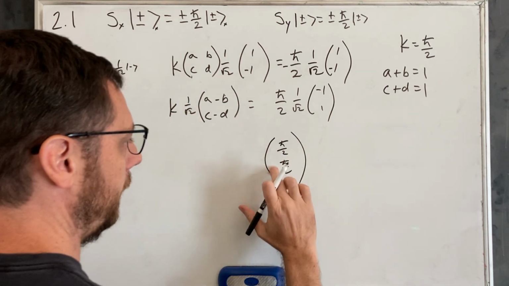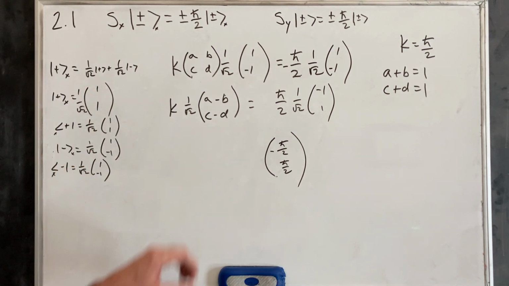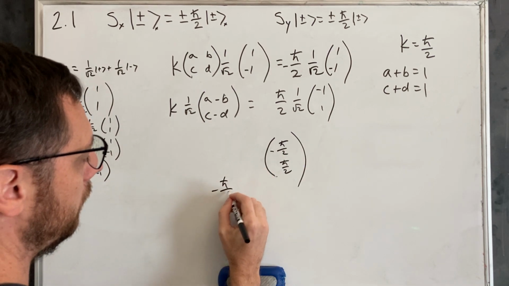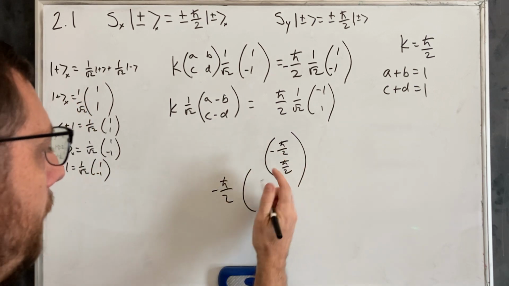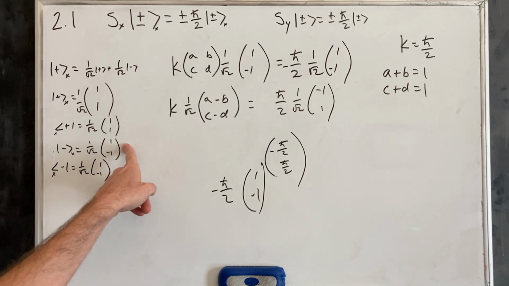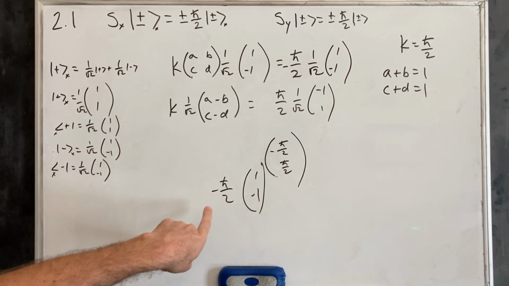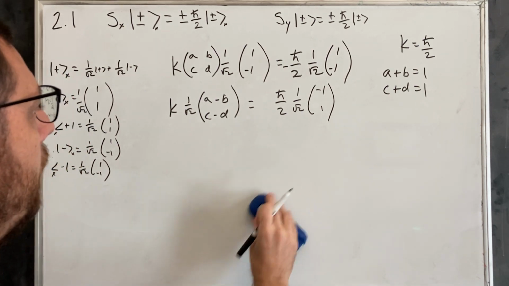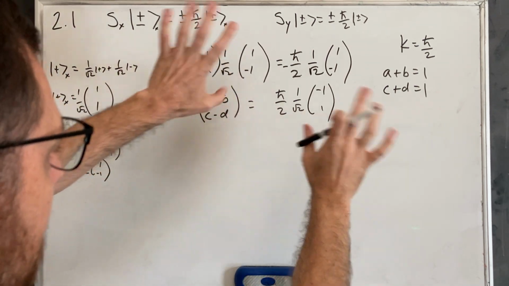No, sorry, it would have looked like this. So we could have pulled out a negative h bar over 2, and then that would have become 1 and negative 1, which is what this is right here. But instead, we're going to pull out a positive h bar over 2, which means it's going to be a little bit different than that, but that's okay.